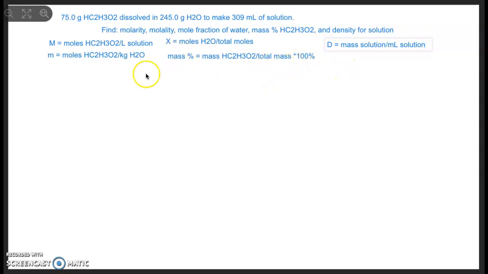So before I calculate any of these individually, it would make sense to collectively find all of the information that I need. First, I need moles of acetic acid. I need 75.0 grams of acetic acid, and I'm going to convert it.